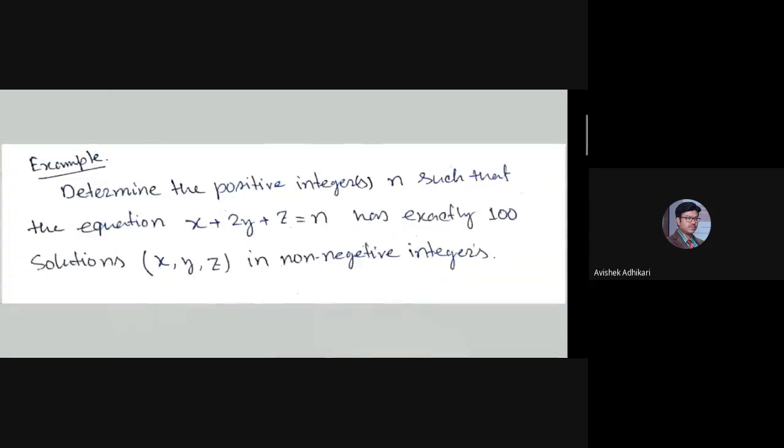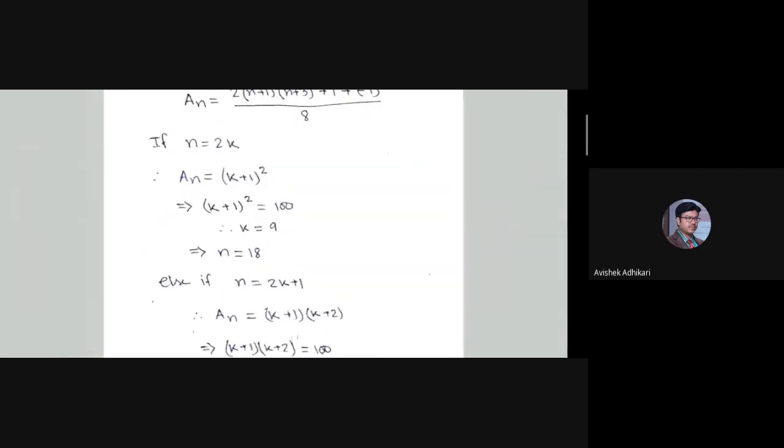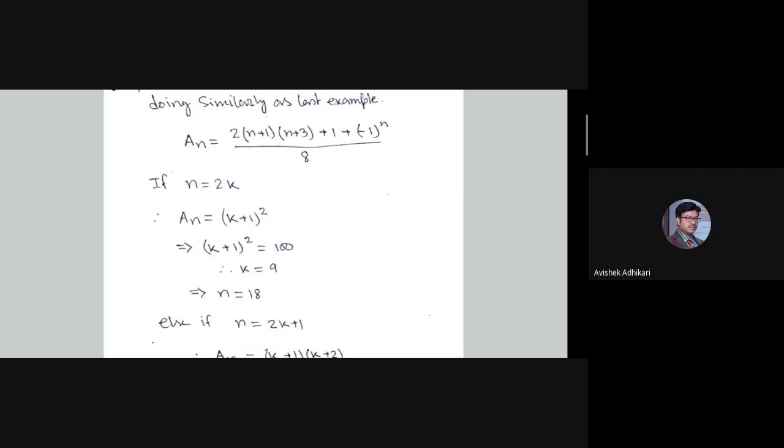In this problem, there are 100 solutions, so (k plus 1) whole squared equals 100. So we find that k equals 9, so n may be 18. If n equals 18, there are exactly 100 solutions.